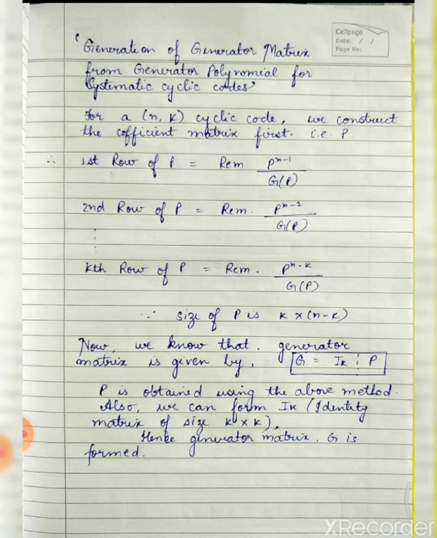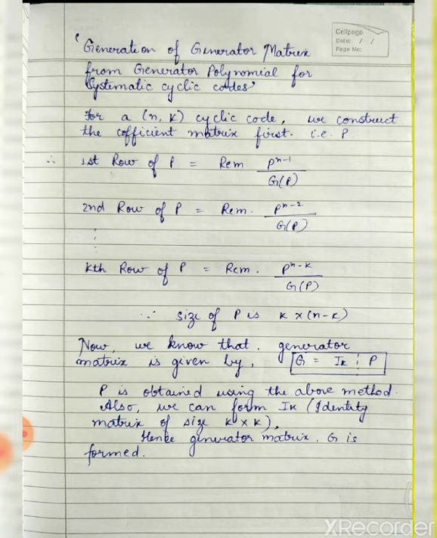So we have to come up to the kth row of P. The kth row of P will be given by dividing x to the power n minus k by G(x), and whatever the remainder will be, it will be in polynomial form and converted into bits form. So now the coefficient matrix is available to us by using this formula.